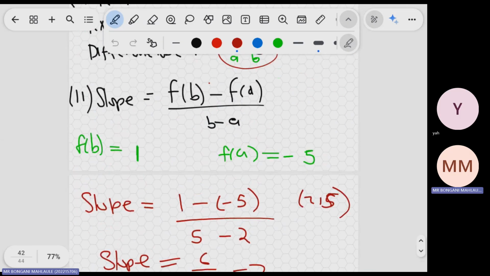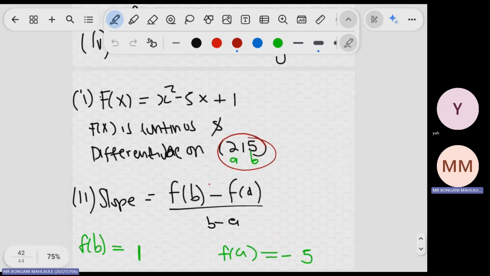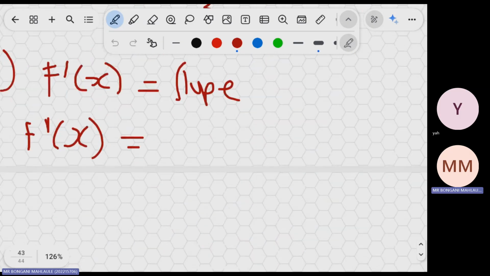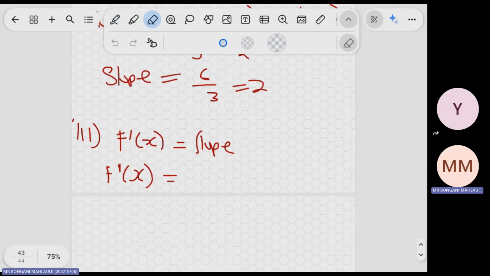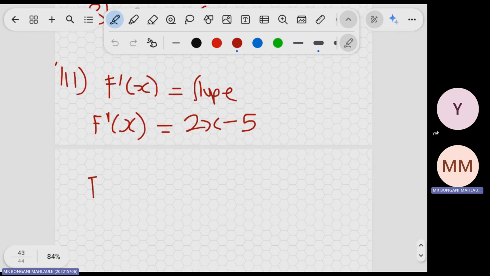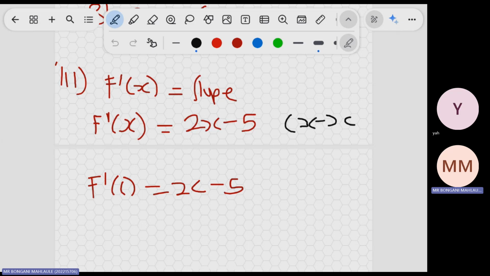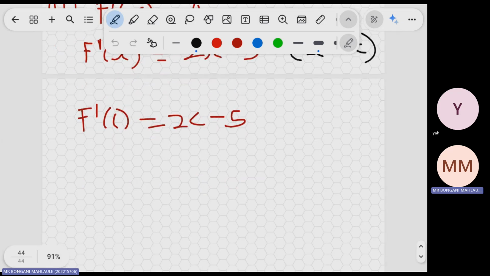F prime of x will be 2x minus 5. That will be the derivative. So now f prime of c will just be 2c minus 5. You just replace x with c.